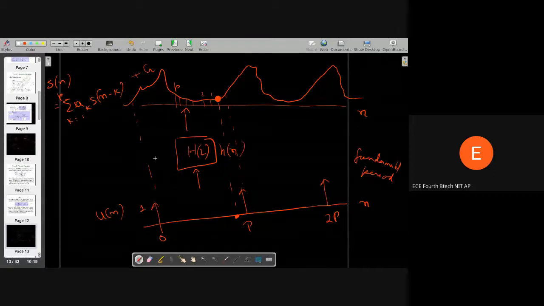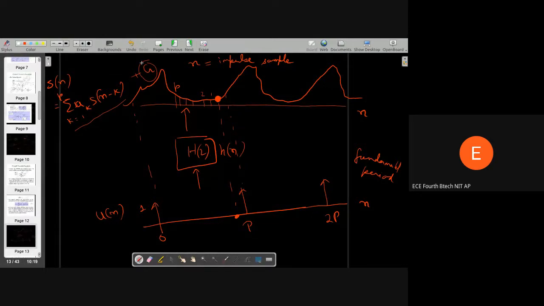When n is the impulse sample, you can represent the speech signal as the weighted sum of previous samples plus another term G.